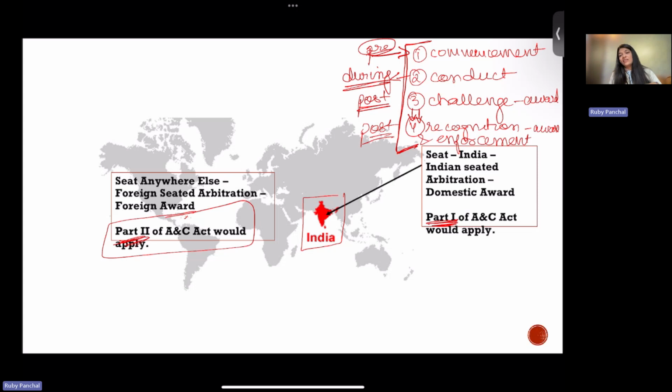And this would mean that all the provisions given in Part 1, and Part 1 does contain all the provisions related to all of these four points that I've written, would regulate commencement, conduct, challenge, recognition, and enforcement of an award. So Part 1 provides for all of these four things, and hence would be applicable to any arbitration seated in India.